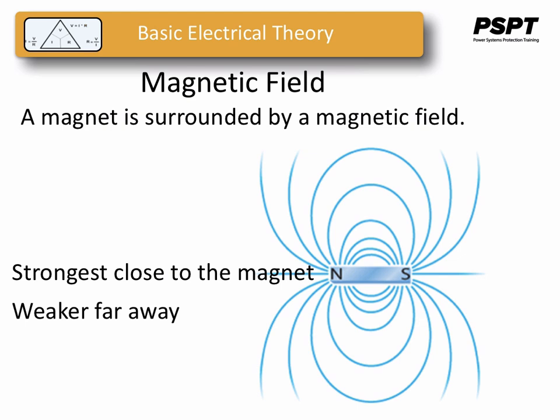A magnetic field also has a direction. The direction of the magnetic field around a bar magnet is shown with arrows, and the magnetic poles are at either end of the bar magnet.